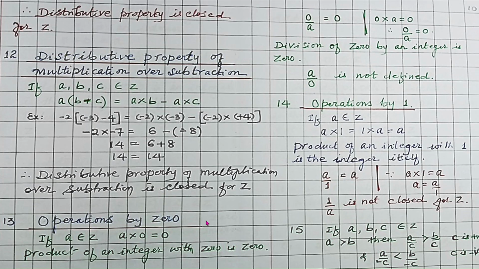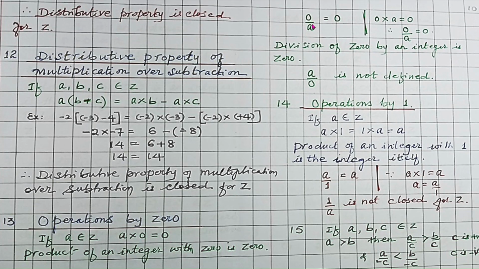Now, operations of 0. We have already discussed this in the learning lesson on whole numbers. Here again, let us understand the operations of 0 on integers. If a is an integer and you multiply a by 0, we get 0. 0 is an integer, therefore the product of an integer with 0 is always 0.